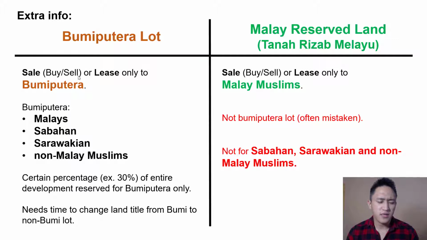And if, let's say, the owner wants to change the Bumi Putra lot into a non-Bumi lot, then it's still possible, but it takes time and usually they are rejected. I mean, it's not that easy. It's possible, but it's not that easy. But one good thing about Bumi Putra lots, they are way cheaper than the non-Bumi lots.